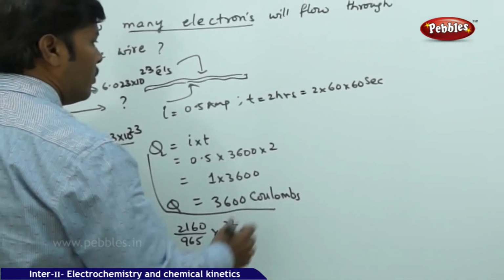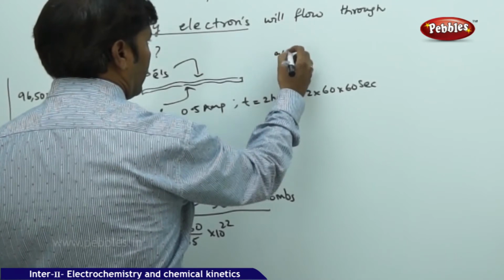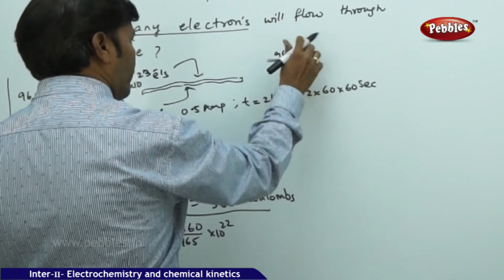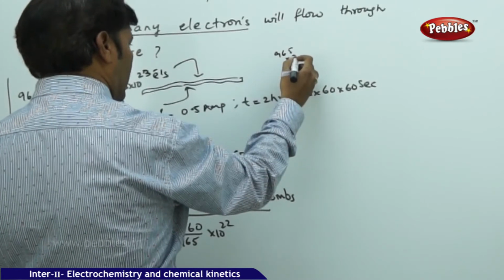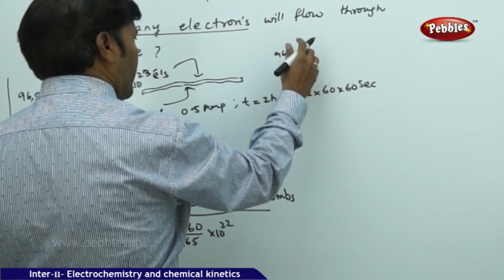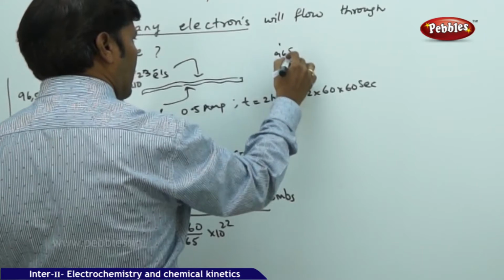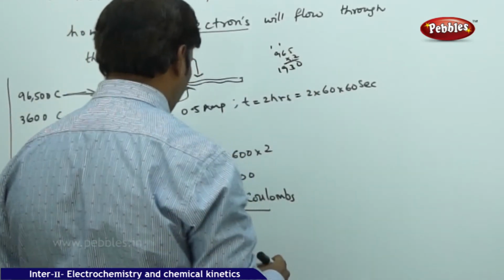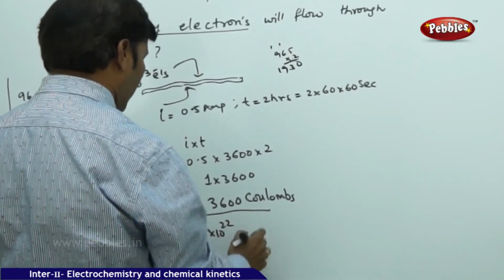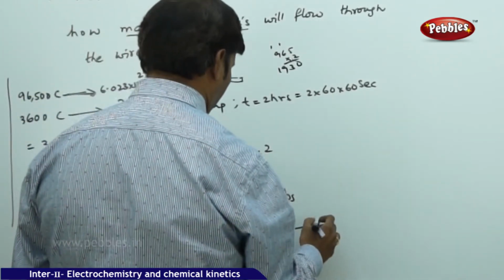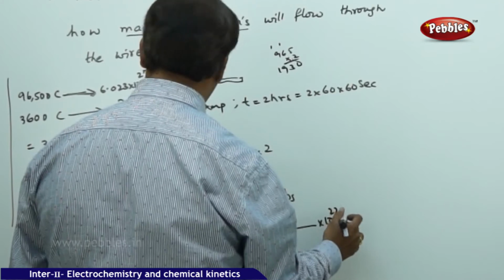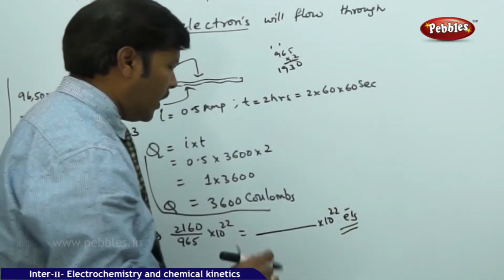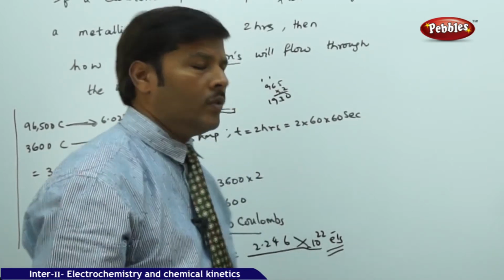Now 965 into 4 is not possible; if you take 3, 9 is 27, it's not possible. If you take 2, we get 1930. So roughly 2 into 10 to the power of 22 electrons will flow into the conducting wire.